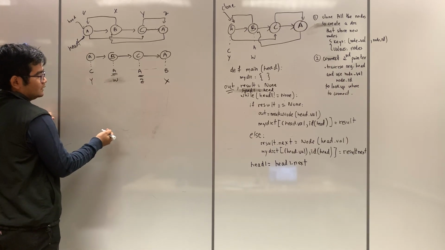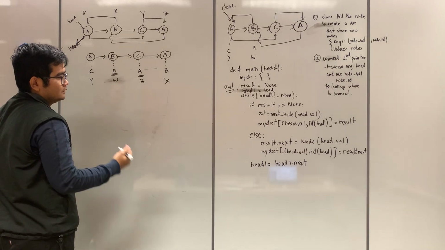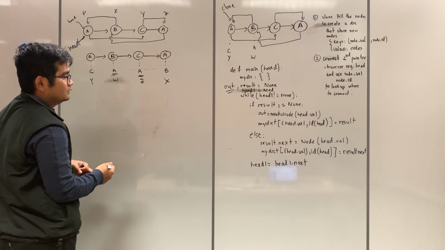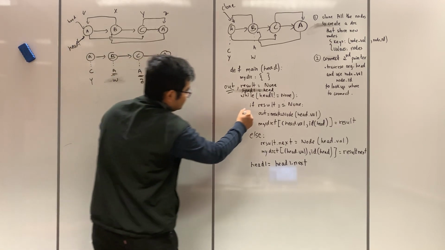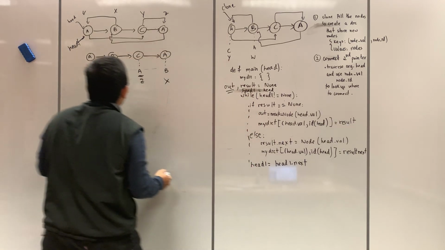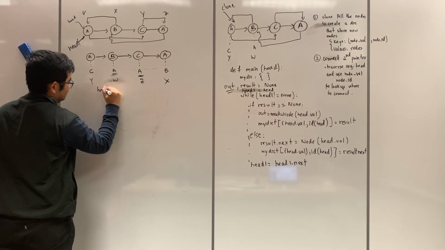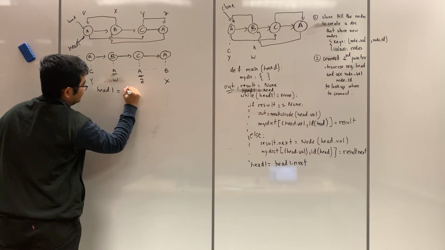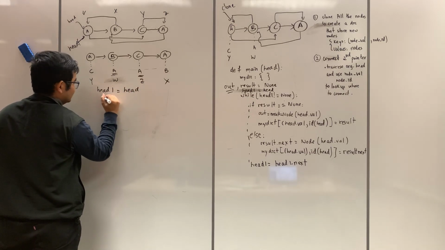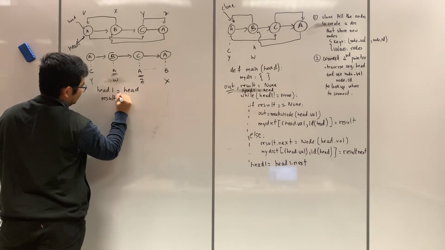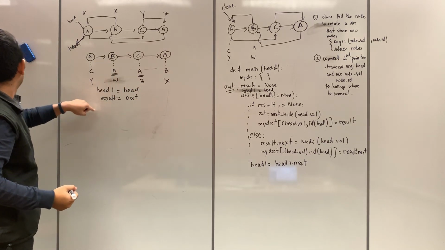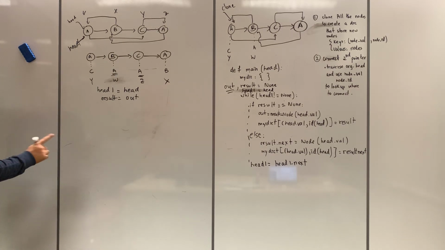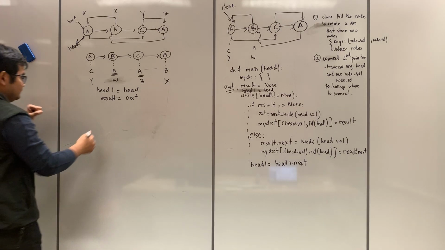So now we set head1 back to head, and result back to out. So right now everything is pointing to the beginning of the linked list, which is good.